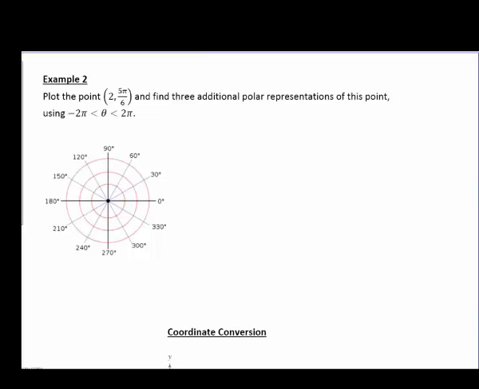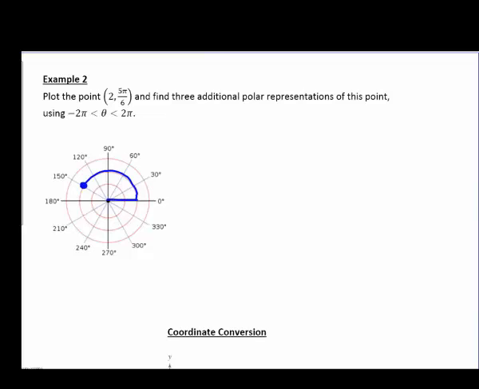So we're going to start at the origin, come out to the second ring, and then go 5 pi over 6. If you remember, 5 pi over 6 is 150 degrees. So we're going to rotate all the way around to 150 degrees, and there is our point.